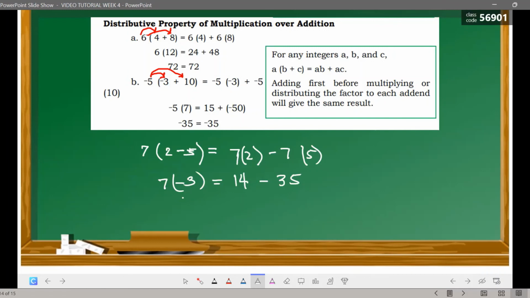Okay, 7 times negative 3 is negative 21. And 14 minus 35 is negative 21. So we have the final answer. They are both negative 21. Okay? Is it clear? I hope so.